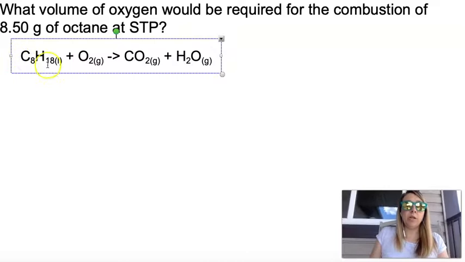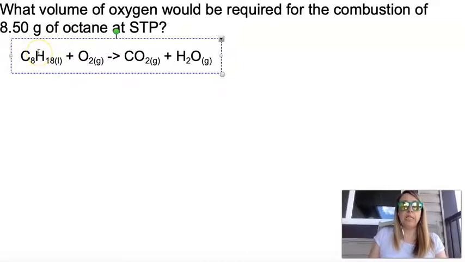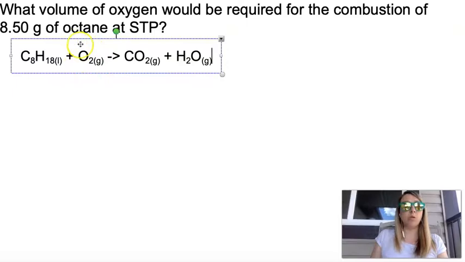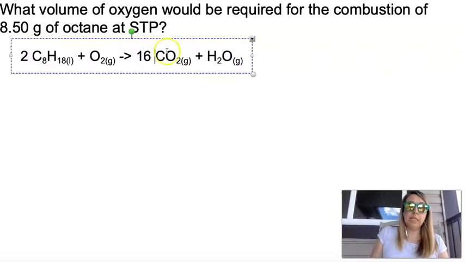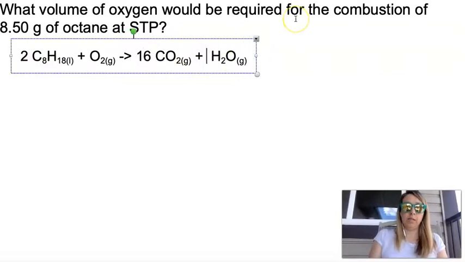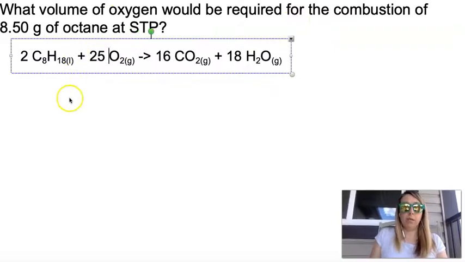You'll find if you try to use just one of the C8H18, you're putting a 9 in front of the water, which gives you an odd number of oxygens, which makes it so that you can't actually balance it because this is O2 and you need an even number. So you need a 2 over here, you need a 16 here, and an 18 here, 25 over here, okay?